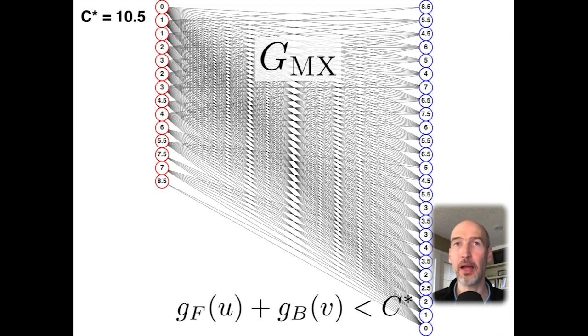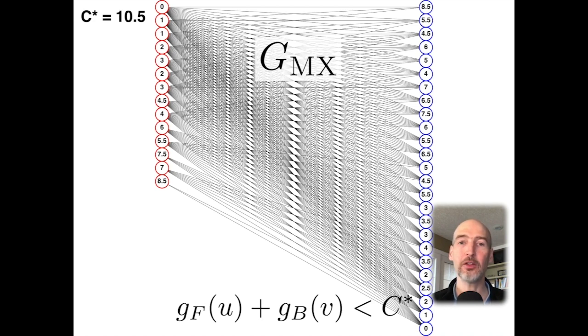Each of these edges represents an OR relationship, I have to expand one or the other, so this is describing a vertex cover. And so the minimum vertex cover of the GMX graph is actually the minimum number of node expansions that are required to solve a particular problem.